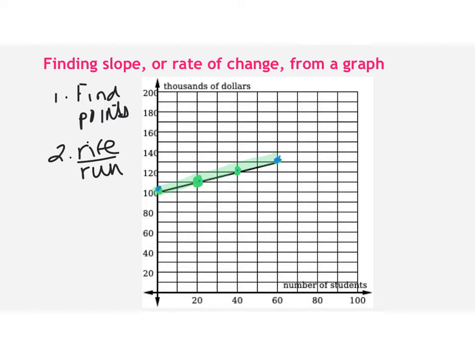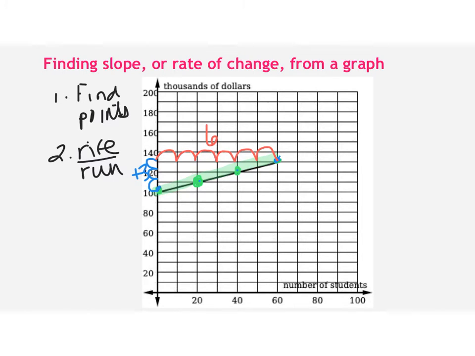By the rise, I mean how far do I have to climb up to get on the same level as this point? So I have to climb up 1, 2, 3. And then I have to go over 1, 2, 3, 4, 5, 6 spaces.